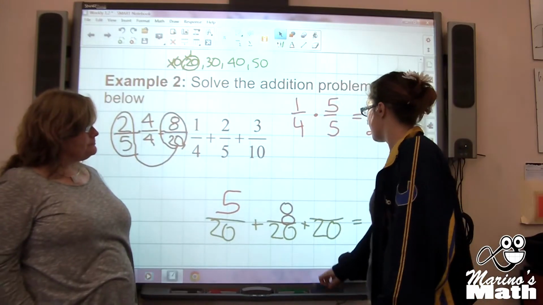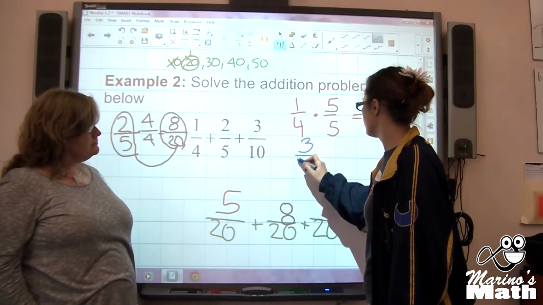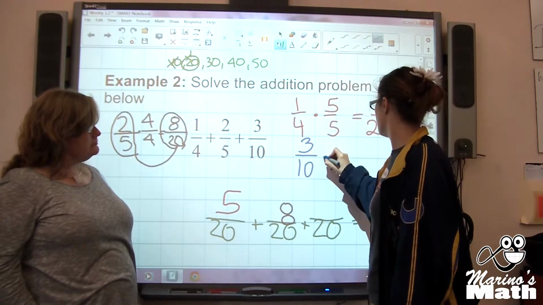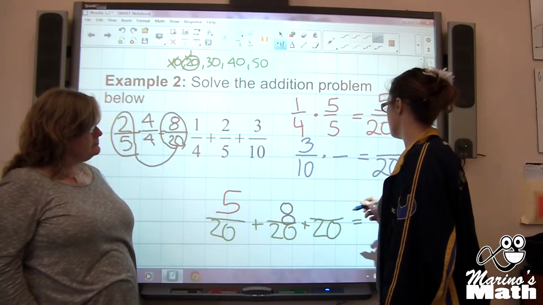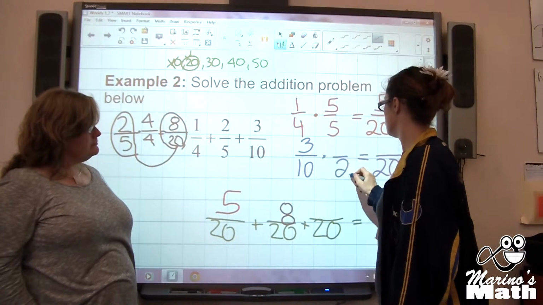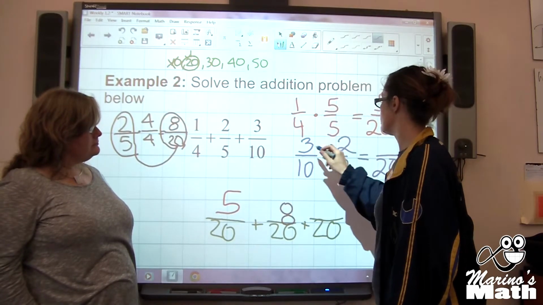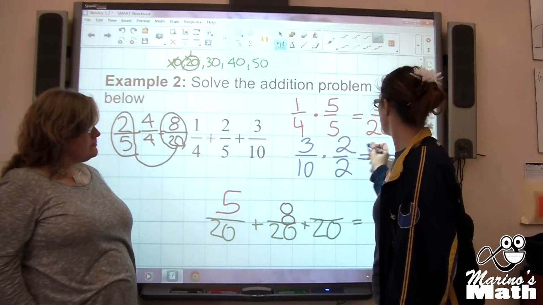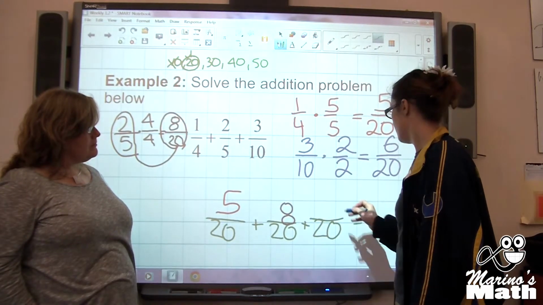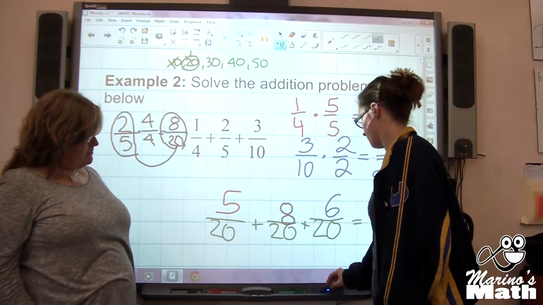All right, last one. I am going to worry about 3 over 10. I'm going to multiply it by something to equal something over 20. 10 times 2. I have to multiply times 2 in the numerator because I need, again, a unit fraction here. 3 times 2 is 6. And I have 6 over 20.